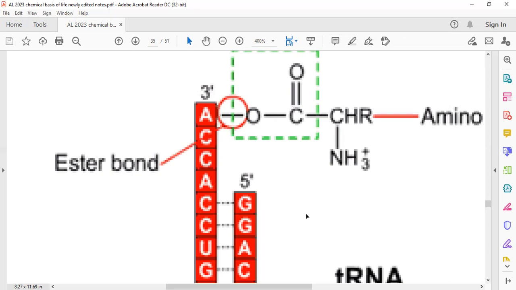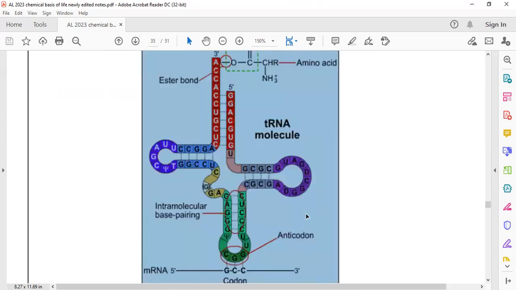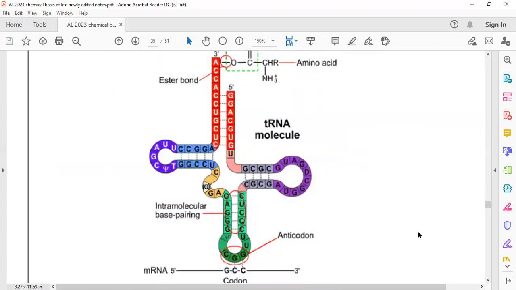Your syllabus explains tRNA structure as a three-looped structure. Do you agree with it? Your textbook explains tRNA is a three-looped structure. Do you agree with it? There are three loops in it.